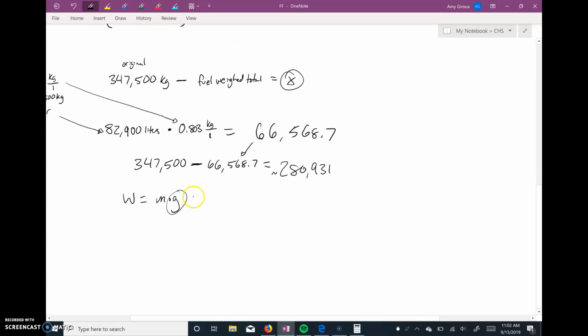Gravity's a constant, 9.81. So we take 280,931, our mass, times 9.81. This should give us L.